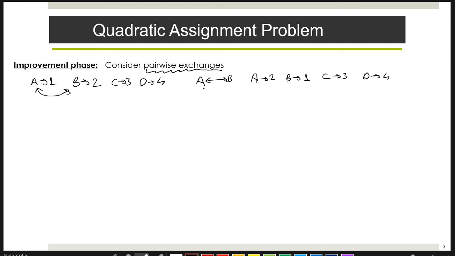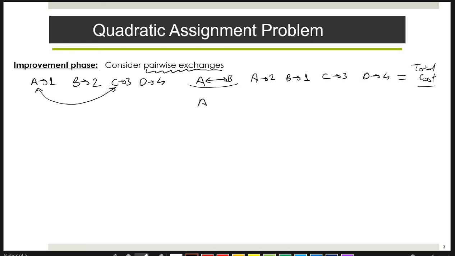But, okay, why are we replacing it? Actually, we are trying it. We haven't decided to replace yet. We are trying it, and we will calculate the total cost of this solution. And then, this is not the only alternative. Why are we replacing A and B? We can replace A and C, right?